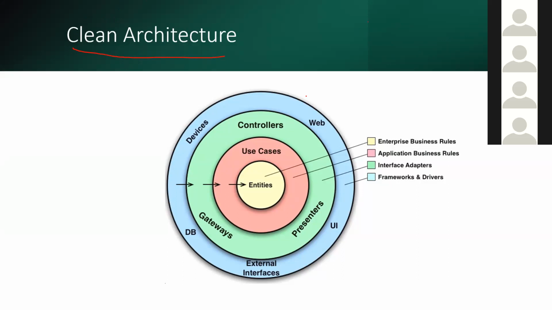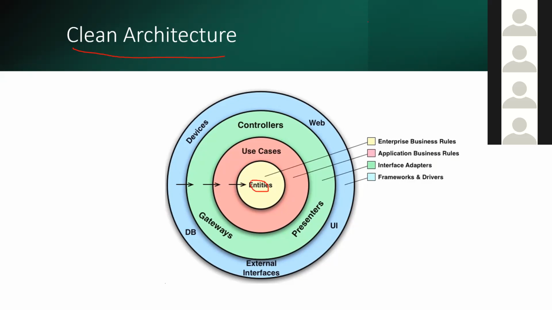But what it does, and this was actually coined by Robert Martin, he took all these principles, put them together, and he said, oh, but this could be a very clean architecture. So you can see the arrows here. The arrows point in the direction of dependencies. That means at the core, you've got this yellow circle here.